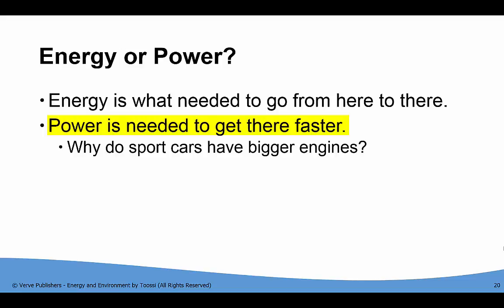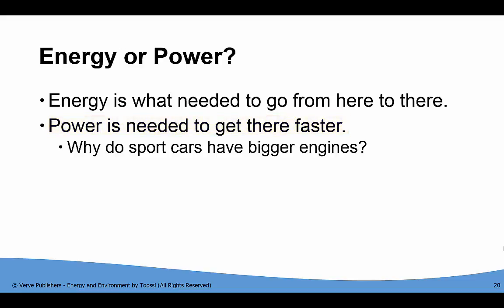A Toyota, a slower car, can burn this energy in, let's say, 6 or 8 hours. A Porsche can burn it in 4 hours, so you get from here to there in 4 hours. What's the difference between these two? The difference is not the energy that they use.